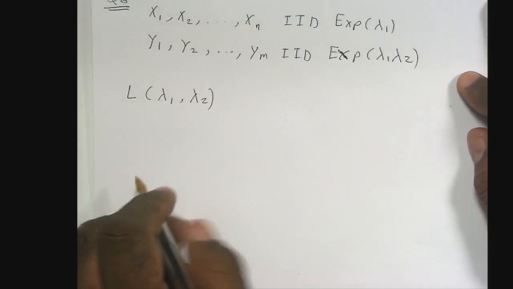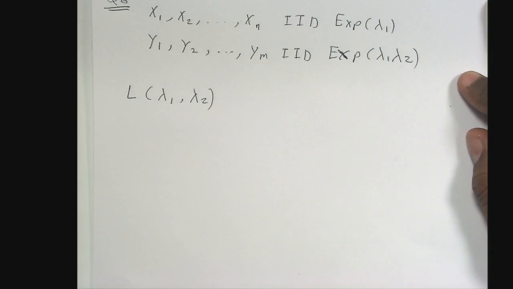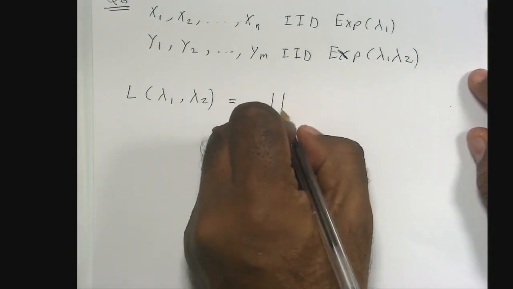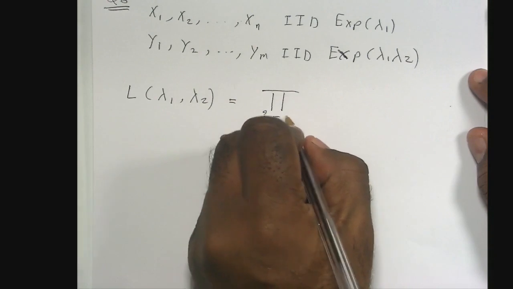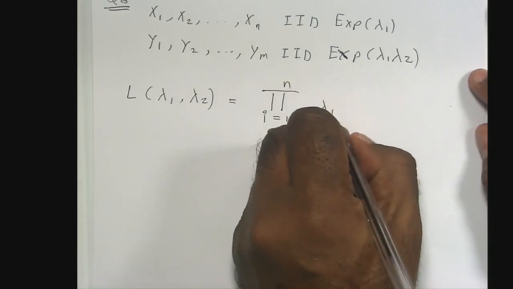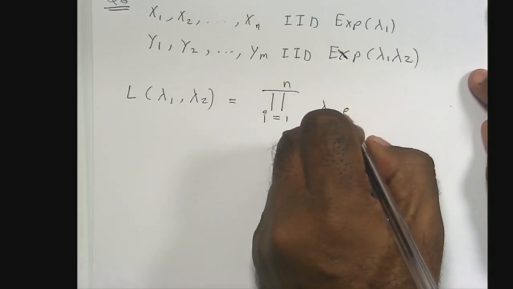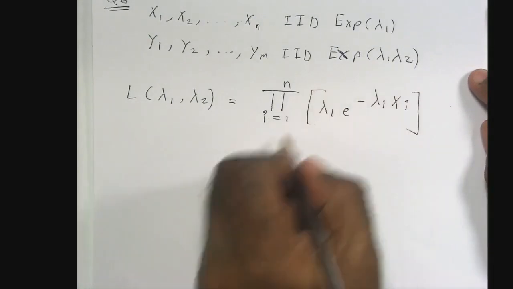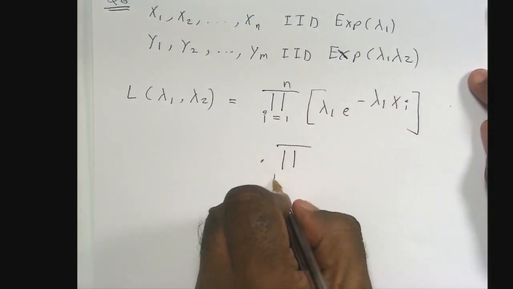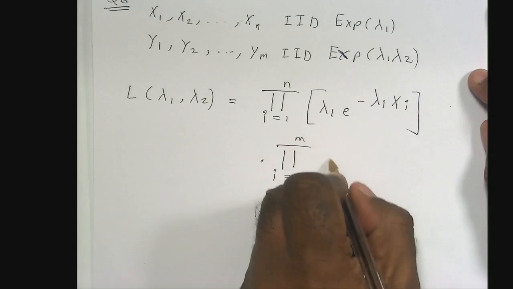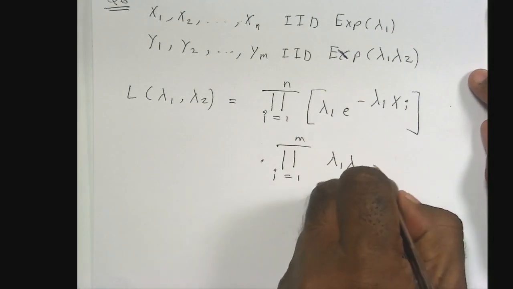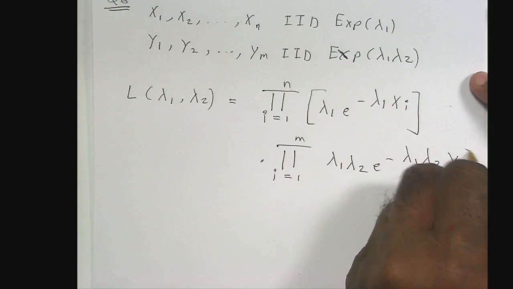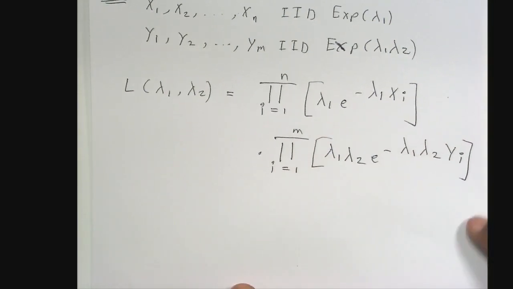Are you guys listening to me? The long approach is to write down the joint likelihood function, which will be the product of lambda 1 times this, and take the product of these two.